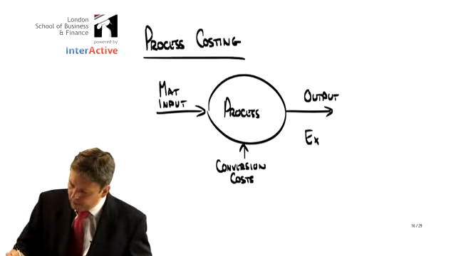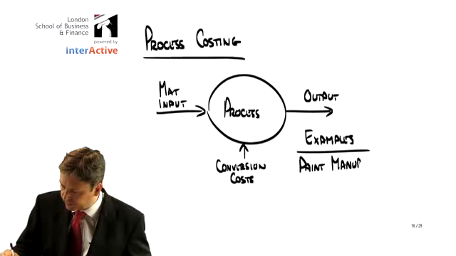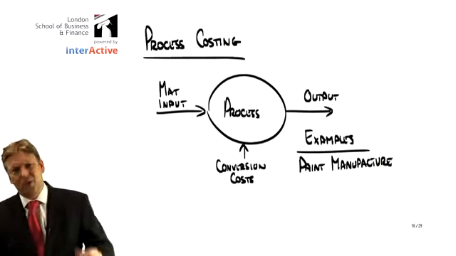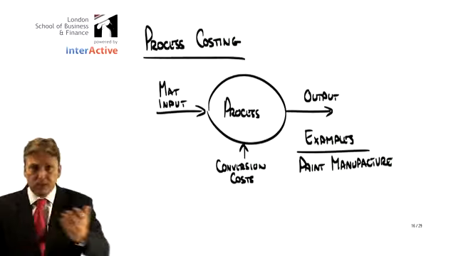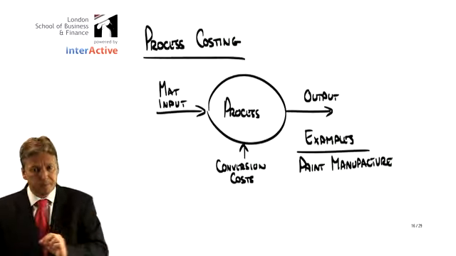So if we were going to come up with a couple of examples for process costing, maybe we could talk about paint manufacture. When you're mixing paint, you're not going to separate 1 litre of paint from the other. And as such, in process, we cannot separate the cost of 1 litre from another.